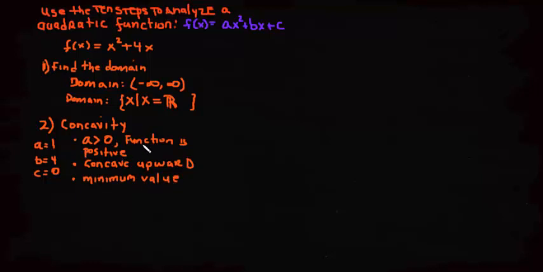And the range for this type of problem, since A is greater than 0, is going to look like this, where you have the y component of the vertex, and the range goes all the way to what? Positive infinity for this type of problem.